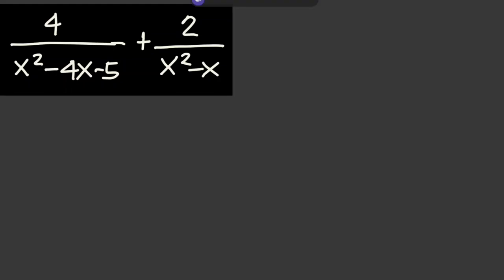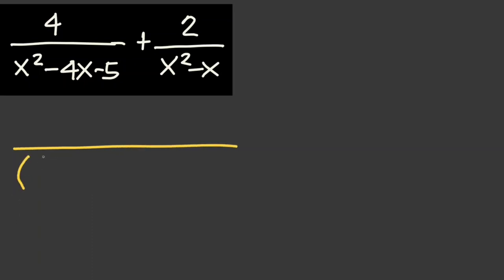Okay, let's solve another problem here. We have 4 over x squared minus 4x minus 5 plus 2 over x squared minus x. Again, we multiply our denominators.